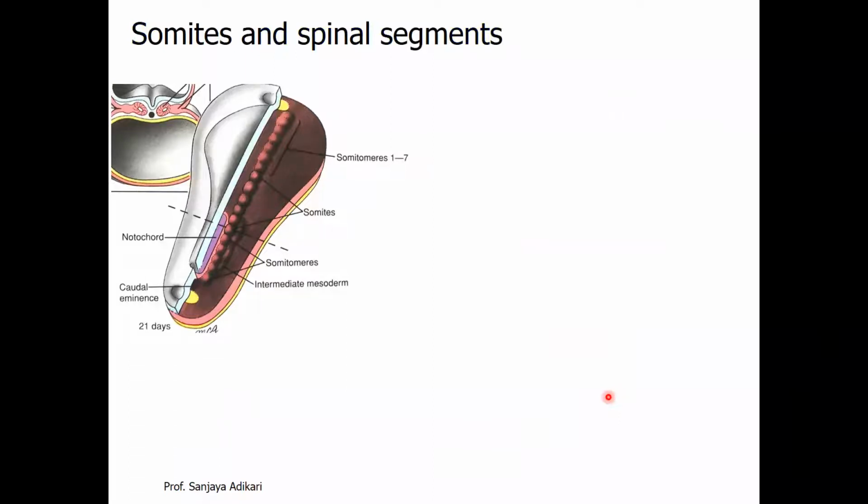Then this concept of somites and spinal segments, which is an important concept. Even though we don't see our bodies as segmented things, if you look at a creature like an earthworm, you get segmented bodies. In our setup, we don't see this segmentation very clearly outside, except when you look at your spine, you know that it is segmented because there are vertebrae.